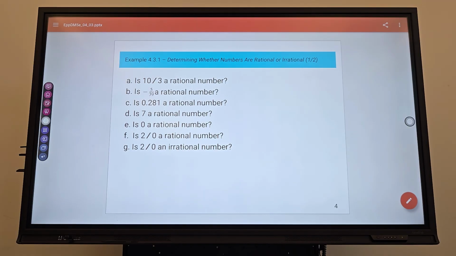How about 2 over 0? No, it's not a real number, and the denominator is 0. Is 2 over 0 an irrational number? No, it has to be a real number to be irrational. 2 over 0 is not a real number.